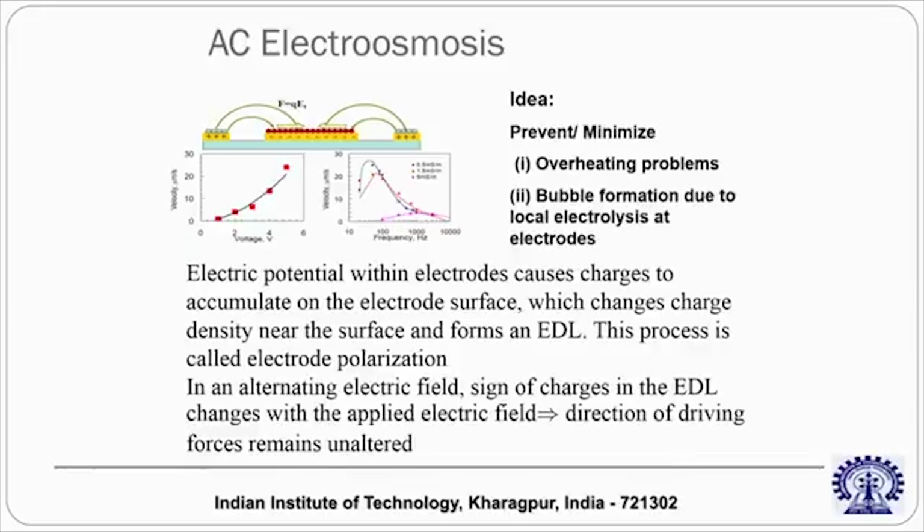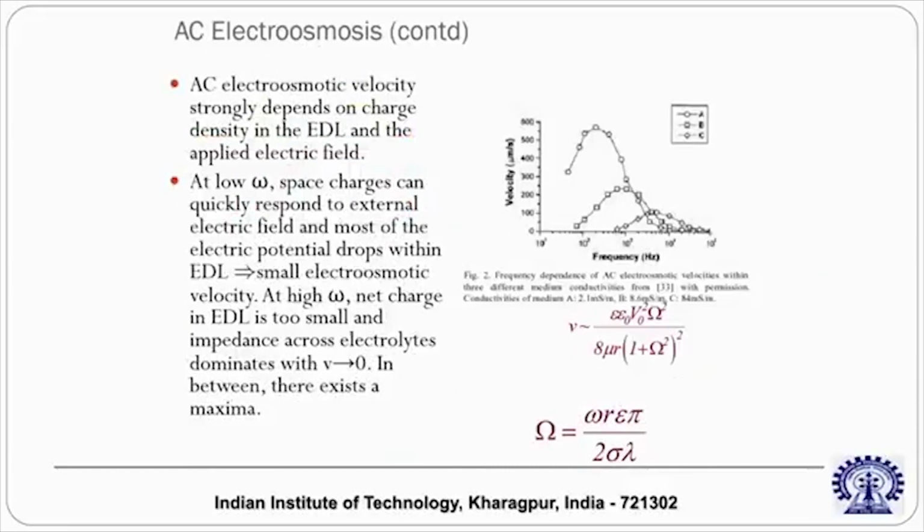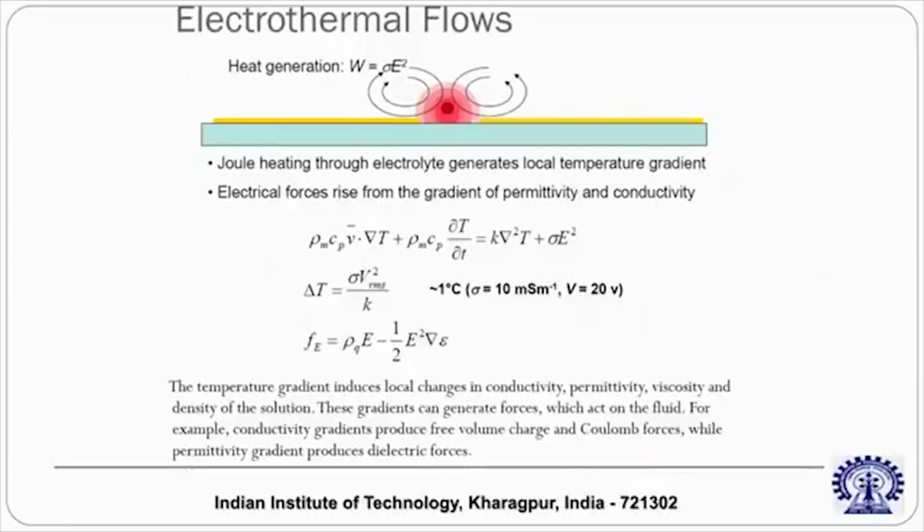The combination of charge and electric field, which is shown in the diagram here, is such that it is always acting in a particular direction. The charge in a cycle changes, the electric field in a cycle changes, but the product does not change in direction. So, AC electroosmosis is a very important process.